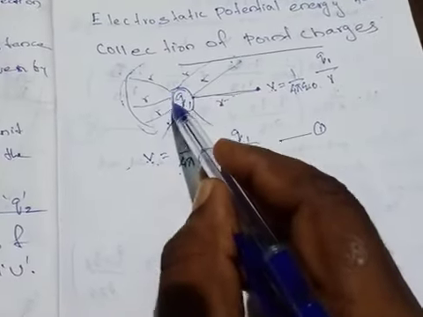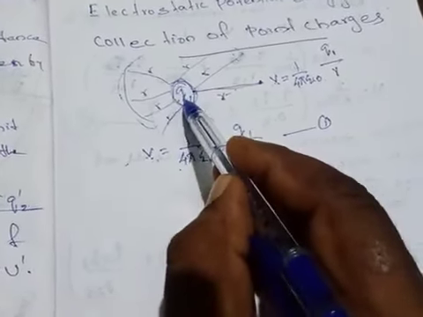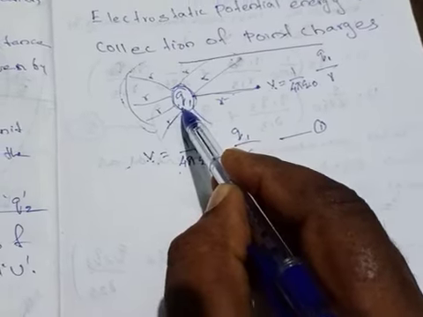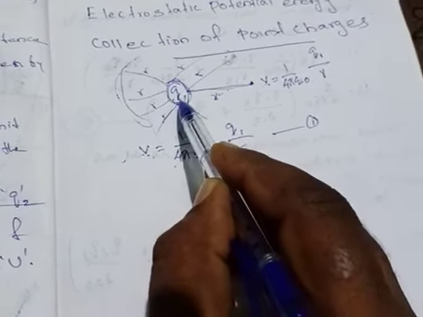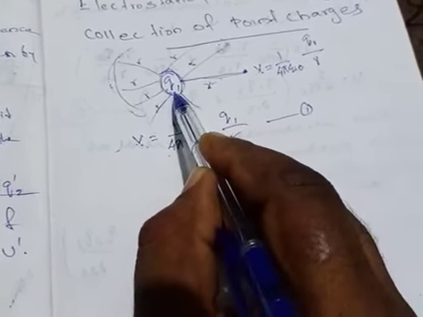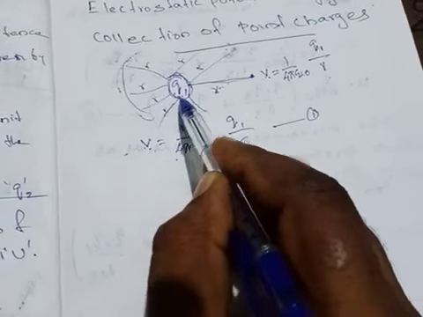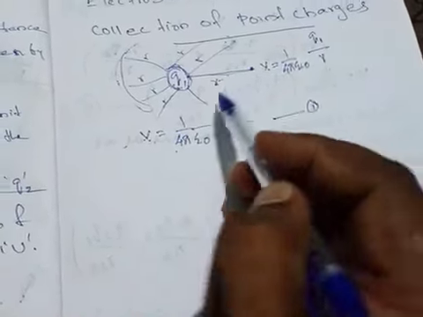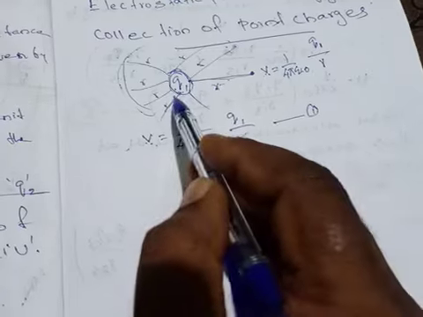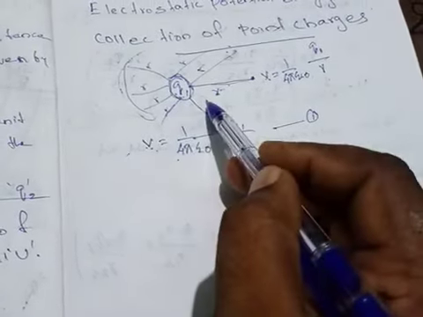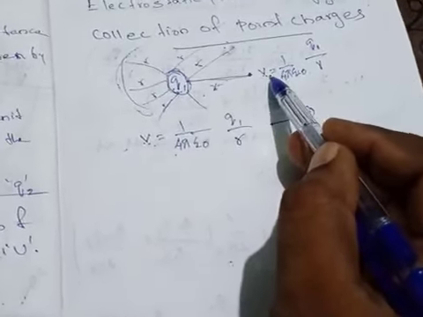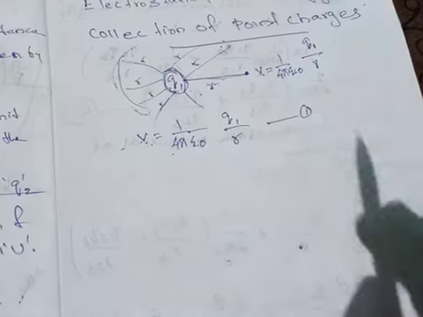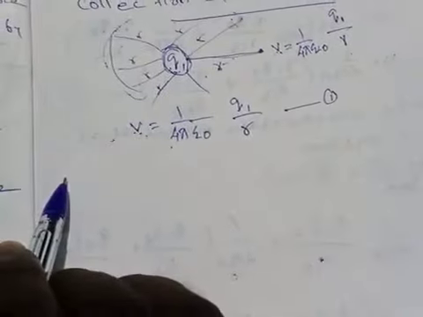Now I am keeping this q1 at a point, which means I brought this charge from infinity by doing some work, and that work done is V is equal to 1 by 4 pi epsilon 0 q1 by r.